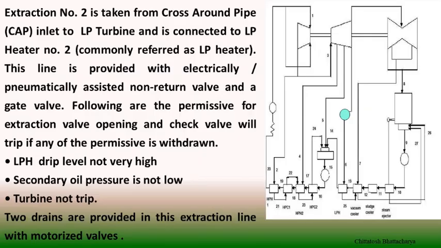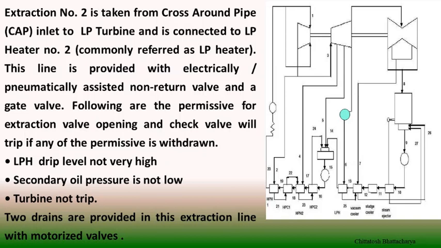Extraction number 2 is taken from cross-over pipe inlet to LP turbine and is connected to LP heater number 2. This line is provided with electrically or pneumatically assisted NRV and a gate valve. There are some permissives according to which this extraction valve opens, and the check valve will trip if all permissives are not available.